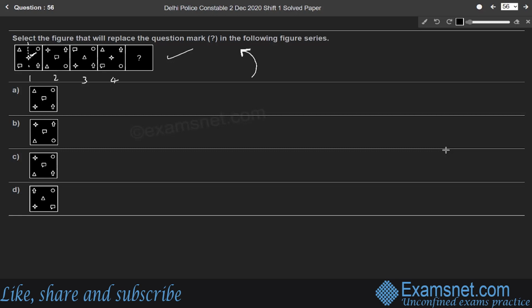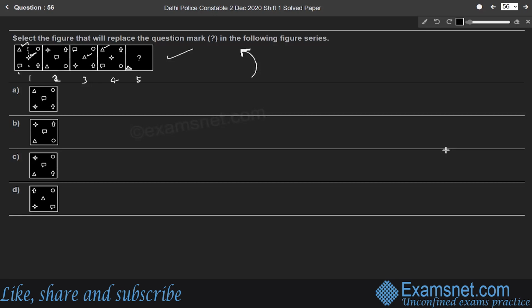So let us consider triangular symbol. It moves in anti-clockwise direction. In the second figure, it comes down. Then it goes to the central position here in the third figure. Again, it goes to the left top, that is in anti-clockwise direction. And in the fifth figure, the position of the triangle has to be left bottom.